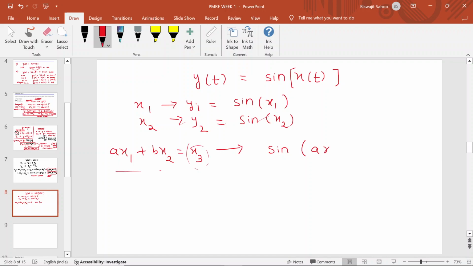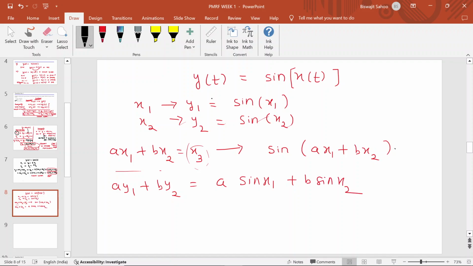This value should be the same as a y1 plus b y2. So a y1 is a sine x1 plus b sine x2. Now you can clearly see that output 1 and output 2 are not equal, so that's why it is a non-linear system.